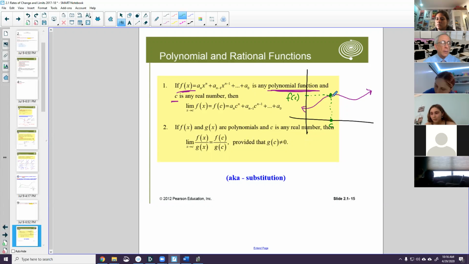This is the value of my function where x equals c. Just like we were doing before on that last problem, as x is approaching c from either direction, my y value is approaching f of c.